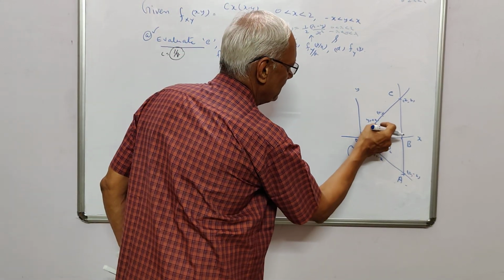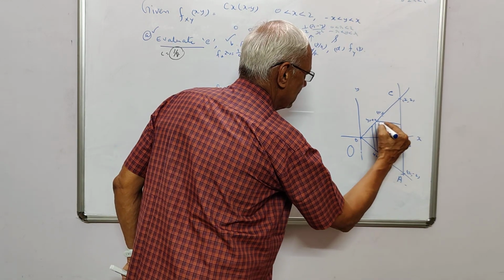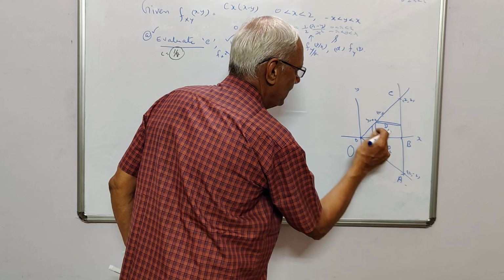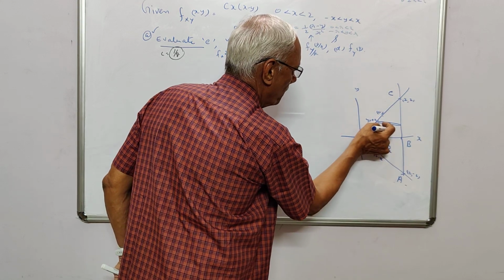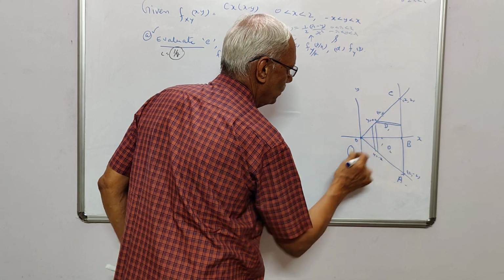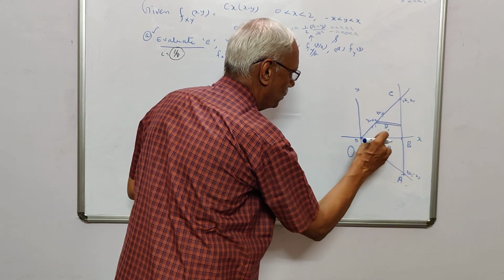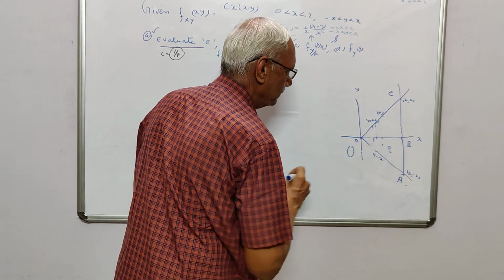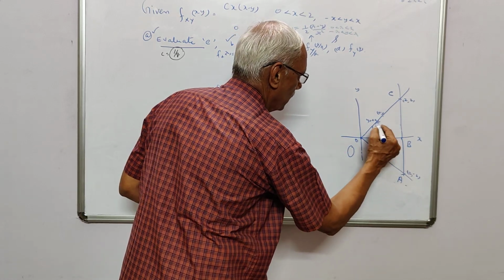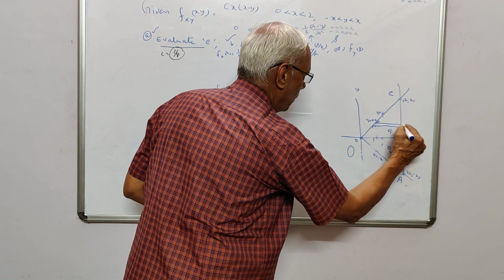So x takes the value, it is going like this. So x takes the value from y to 2. If you want, I can just rub off this and teach you. So you see that this is your d1. So you draw a line parallel to the y-axis.